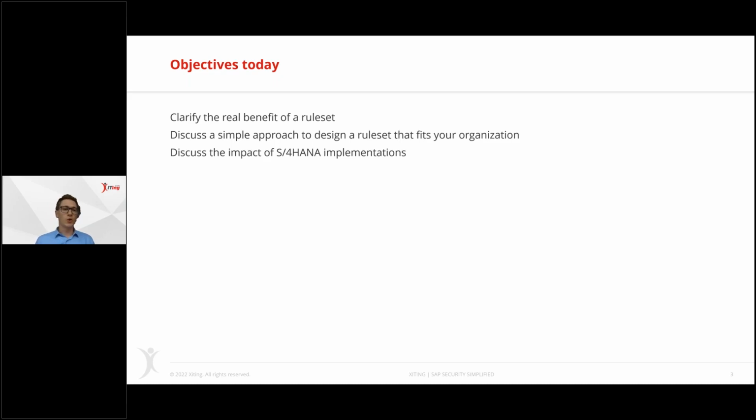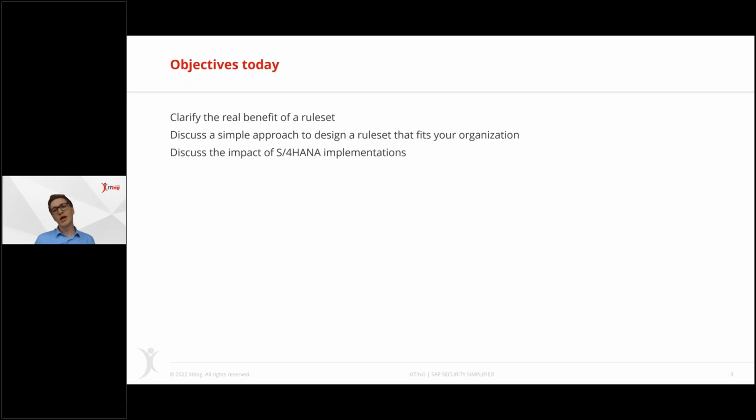And then, I mean, this is an important topic for all of us, the impact of SAP S/4HANA. Some of you might have gone through this process already in terms of the implementation, but for some it's still on the schedule or will be done in 2023, not this year, next year, doesn't matter.